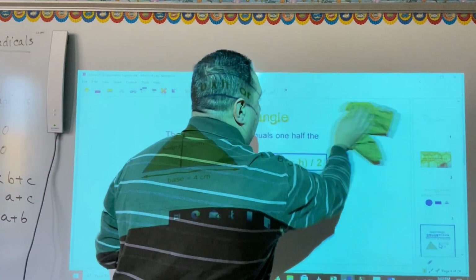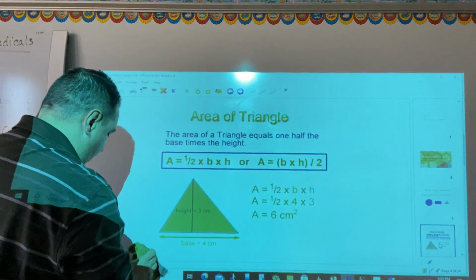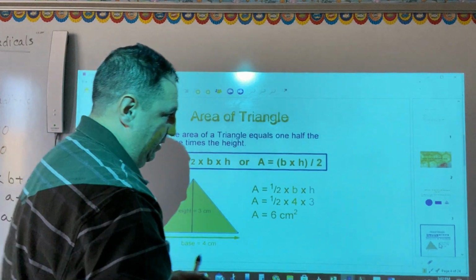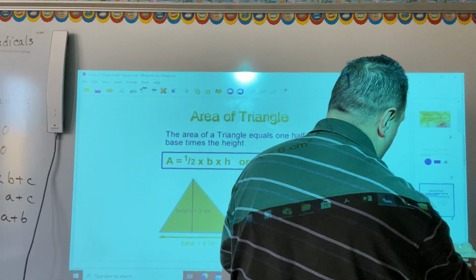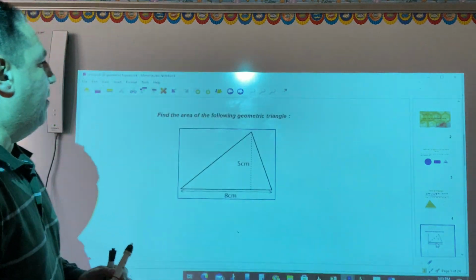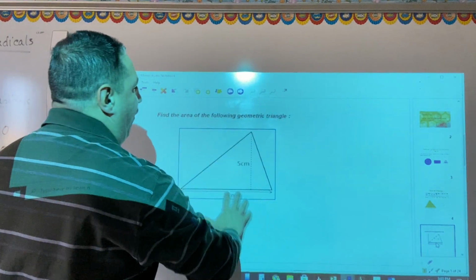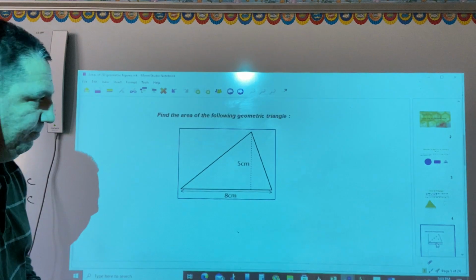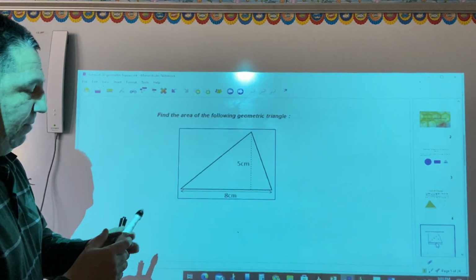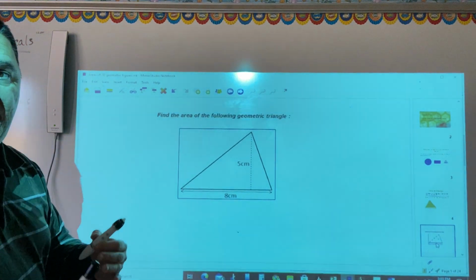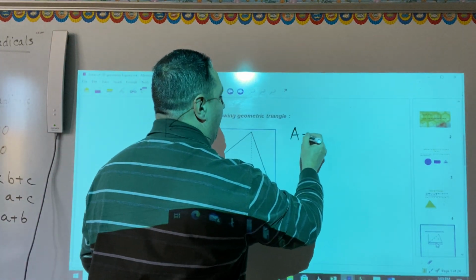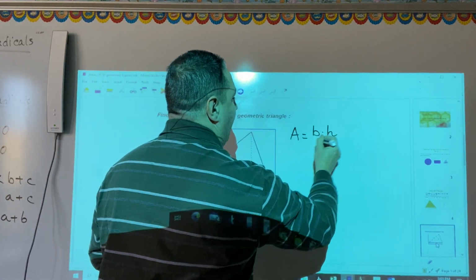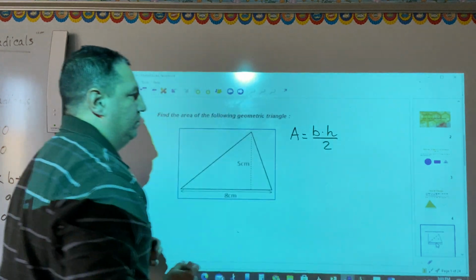Good. Now, let's move on to another slide. For example, find the area of the following geometric figure. Now, remember, to find the area of this triangle, we have to apply the formula base times height over 2.